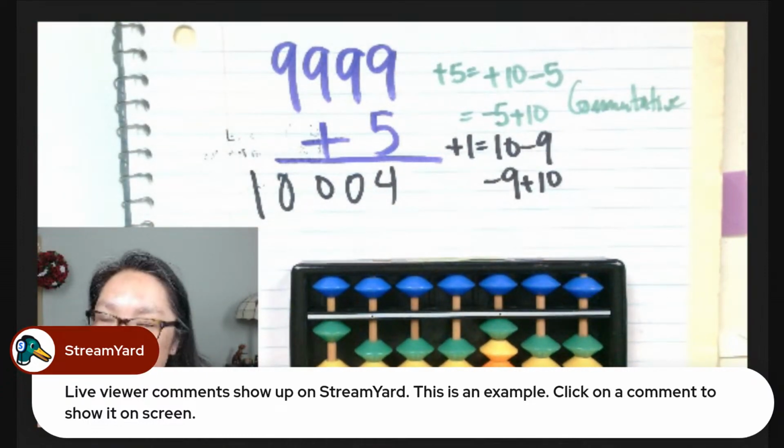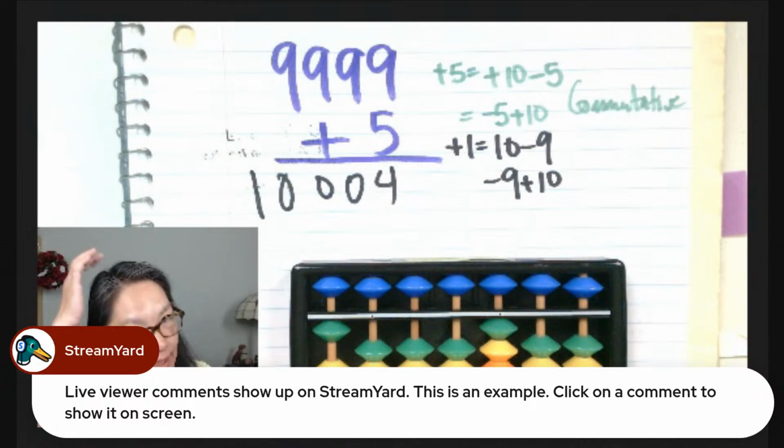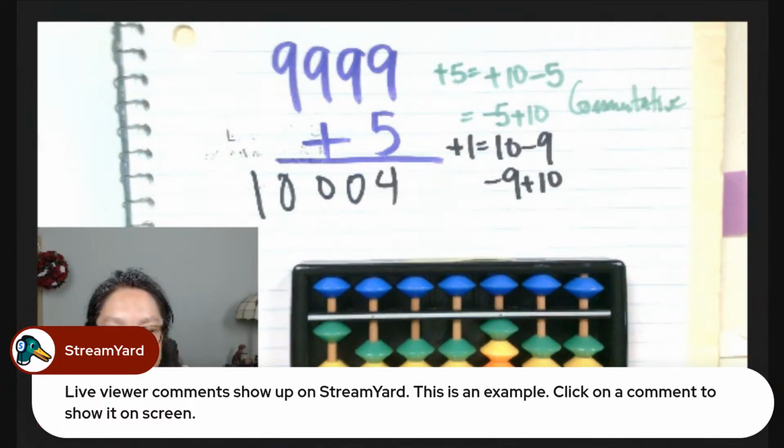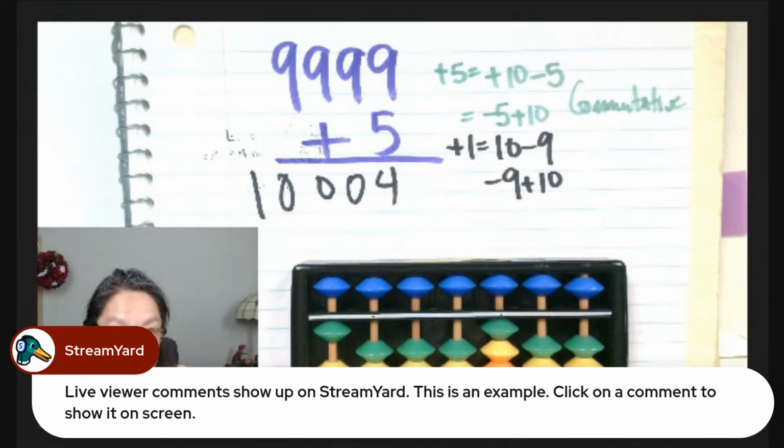So there's that one world record, and he did 100 add-ins. I don't think he did takeaways. He did 100 add-ins in less than, I don't know how much, but he did a world record through the abacus way. Just saying.